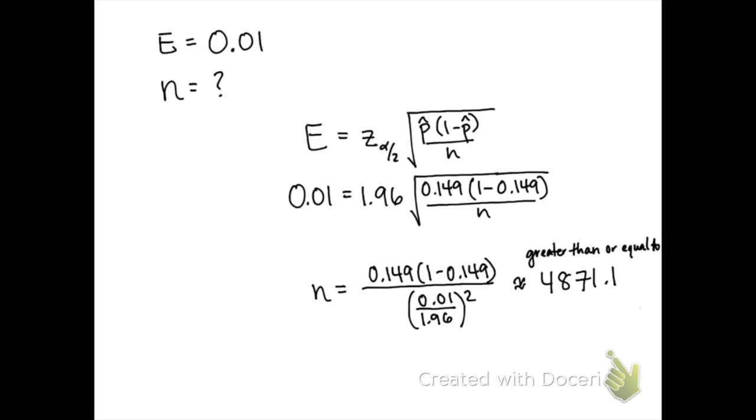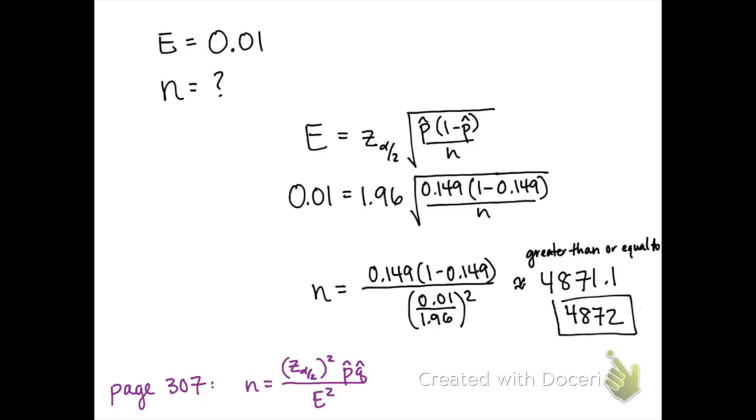So we would need to have greater than or equal to 4,871.1 U.S. residents. Since we need our population to be greater than or equal to this value, that means we need to round up to 4,872 so that our margin of error will stay within 1% of the true population proportion. You can also find another equivalent formula in the textbook on page 307.